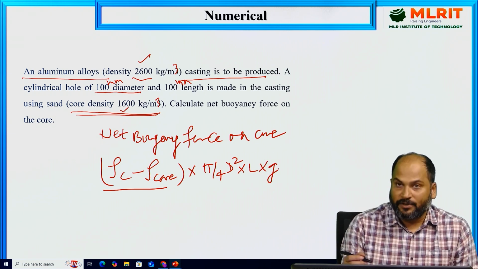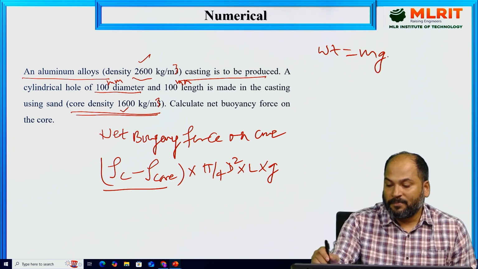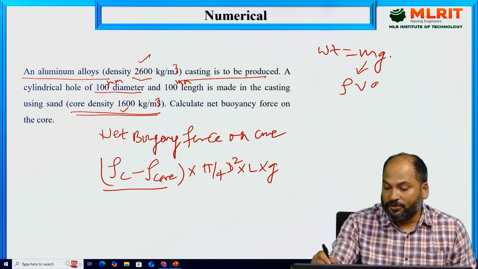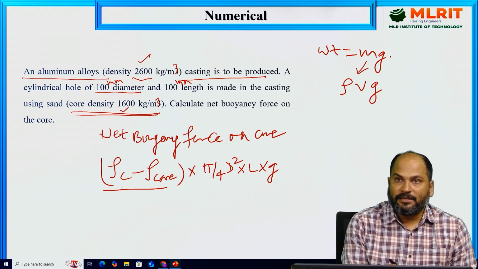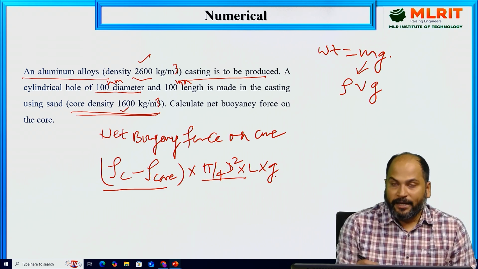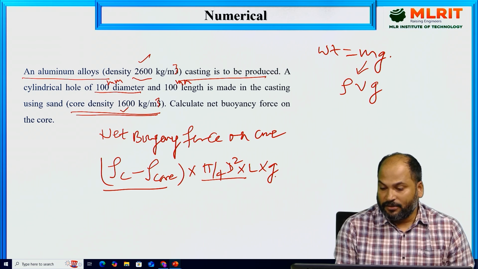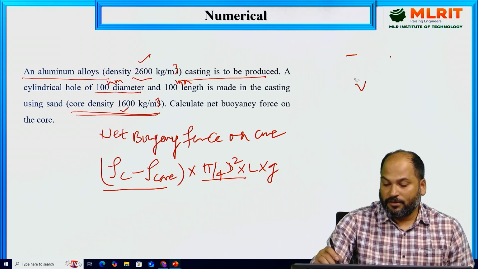Weight equals mass times g, and mass is density into volume. So the density difference, times volume, times acceleration due to gravity. I just wrote this for understanding.